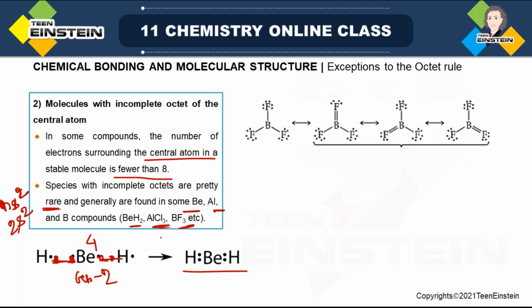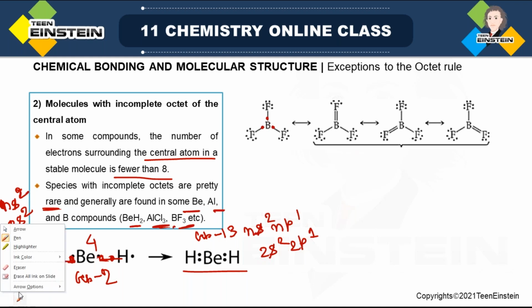Next example, BF3. Boron is from group 13. For group 13, the general electronic configuration is ns2 np1, and boron is from the second period, so it is 2s2 2p1. So the total number of valence electrons is only 3. Out of these 3 valence electrons, all 3 are used up in covalent bond formation with fluorine, right?